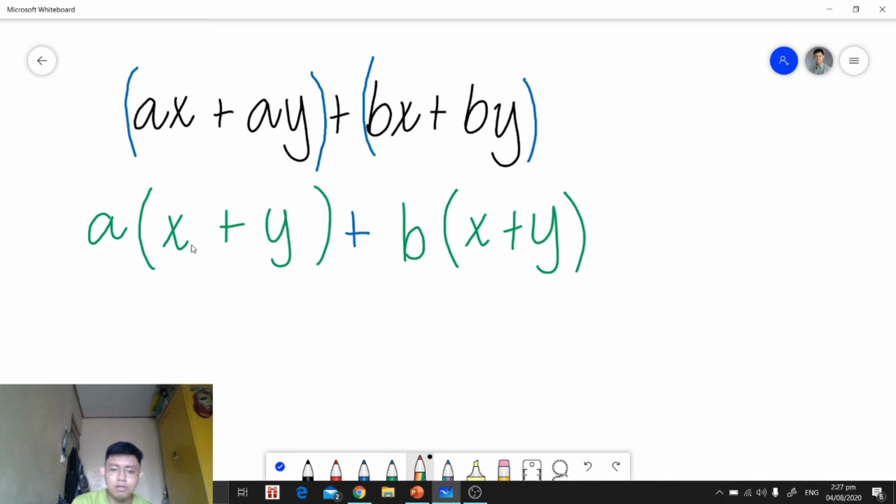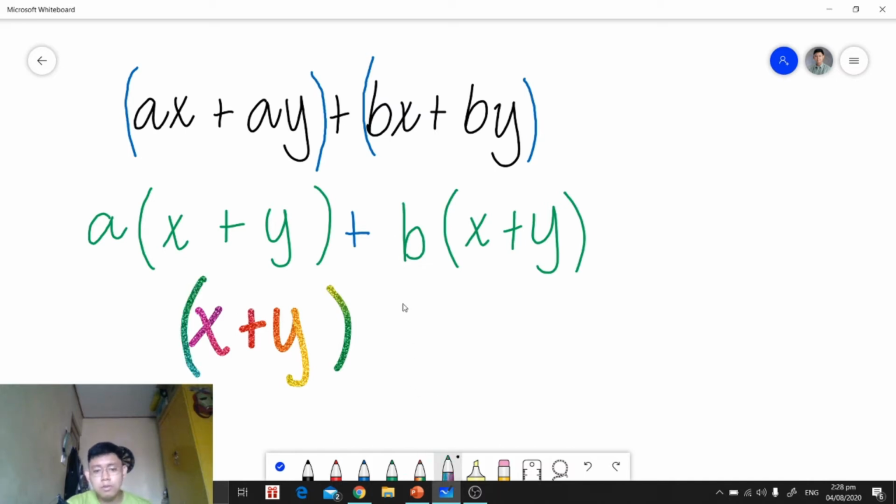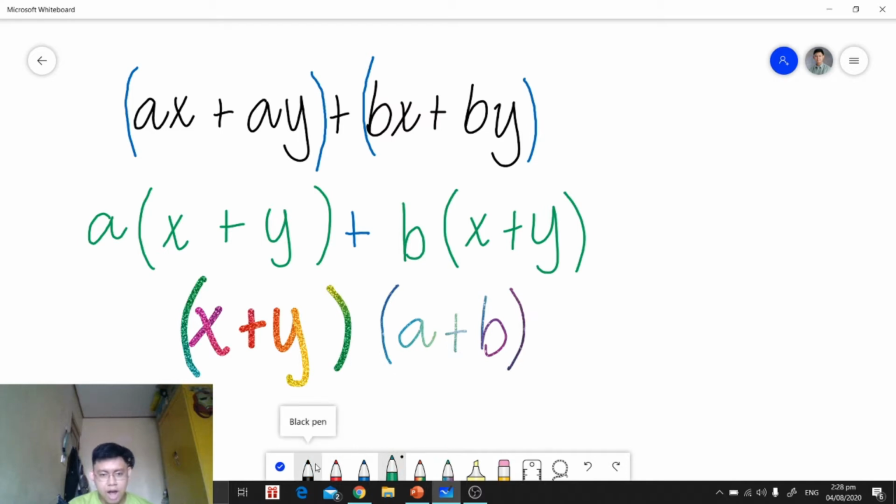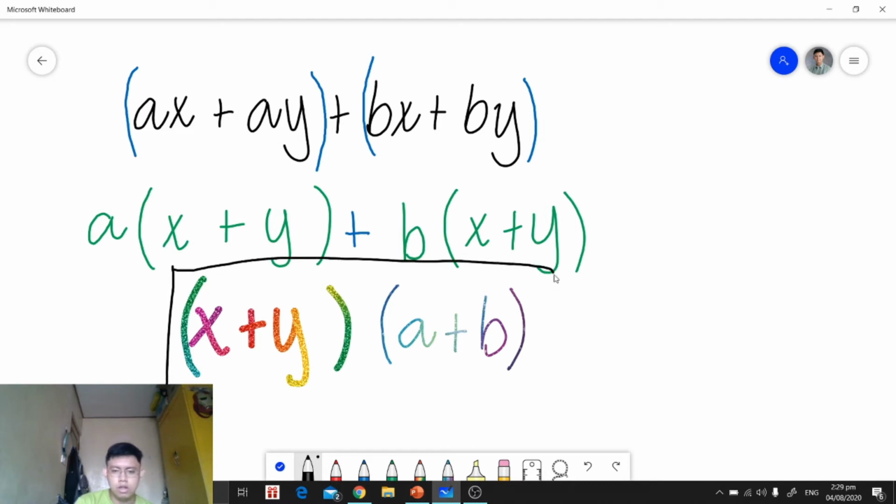So applying common monomial factor, we factor out x plus y, and the remaining factor will be a plus b. So our final answer, or the factor of our given, will be equal to the quantity of x plus y times a plus b. So this will be our final answer.